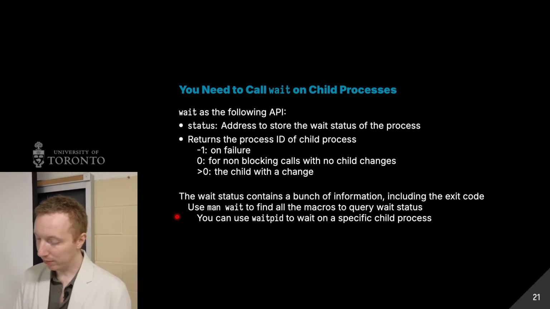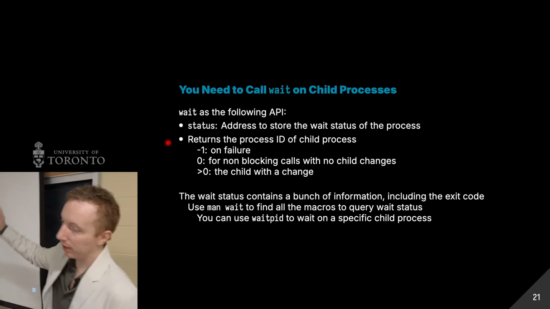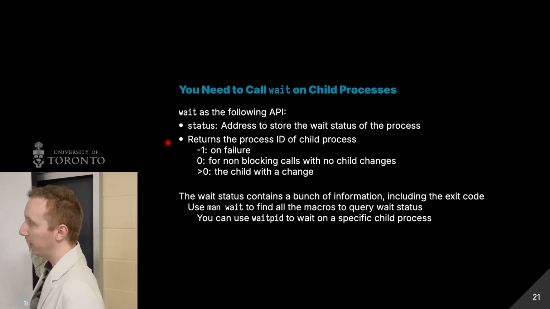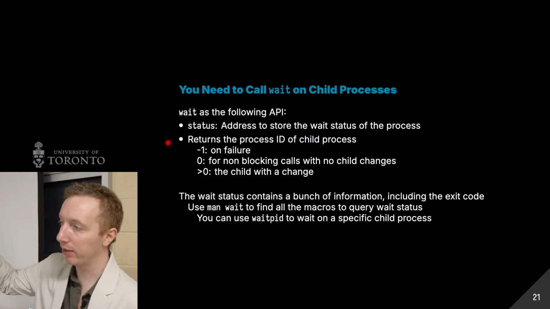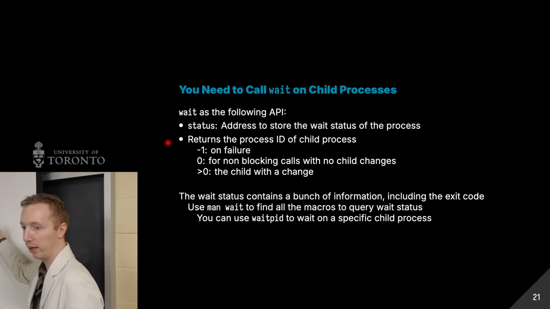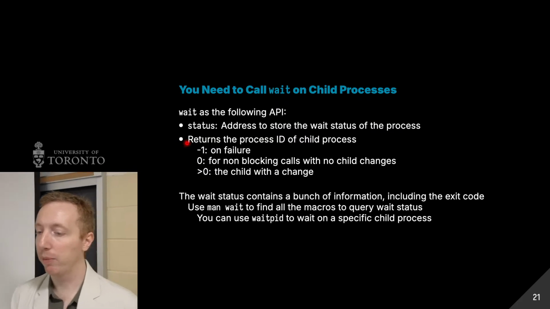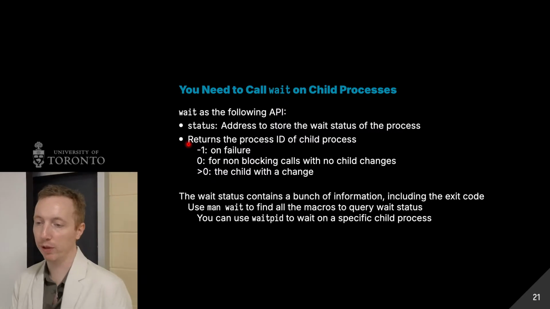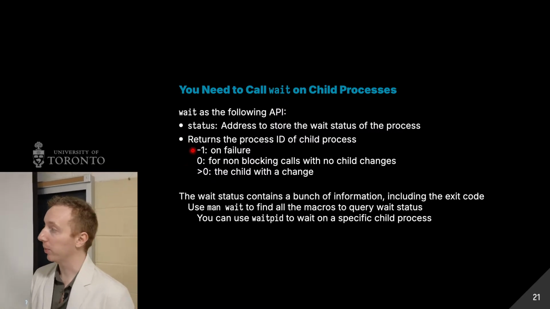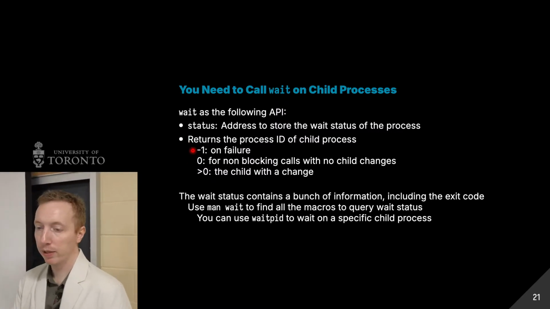Wait has the following API: it takes only one argument, a pointer to an int, which is the address to store the wait status of the process. It will assign a value to it, and it will return the process ID of the child process if it's successful. It will return -1 if it fails.